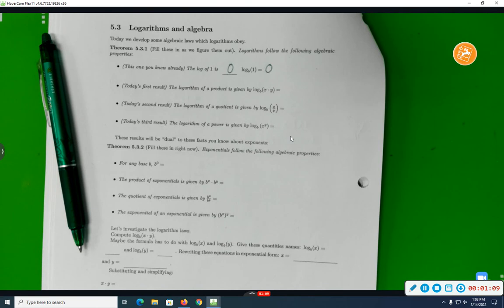Let's try to figure out what goes in that star. Is that an equation you could rewrite in exponential form? What would you get in exponential form? Yeah, perfect. What power do you need to raise b to in order to get 1? Zero.